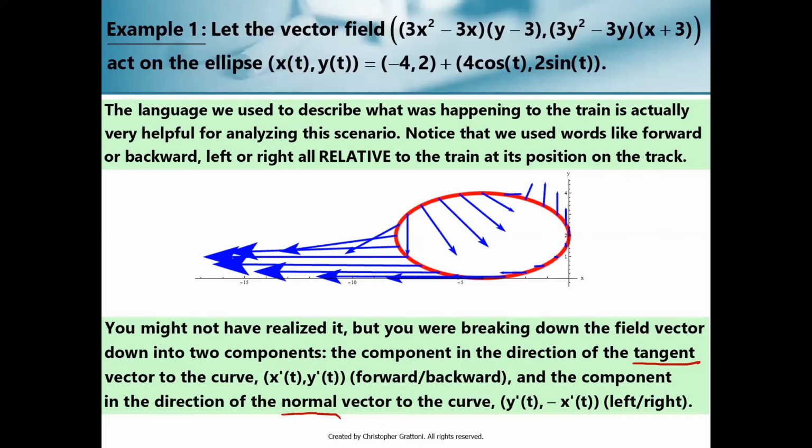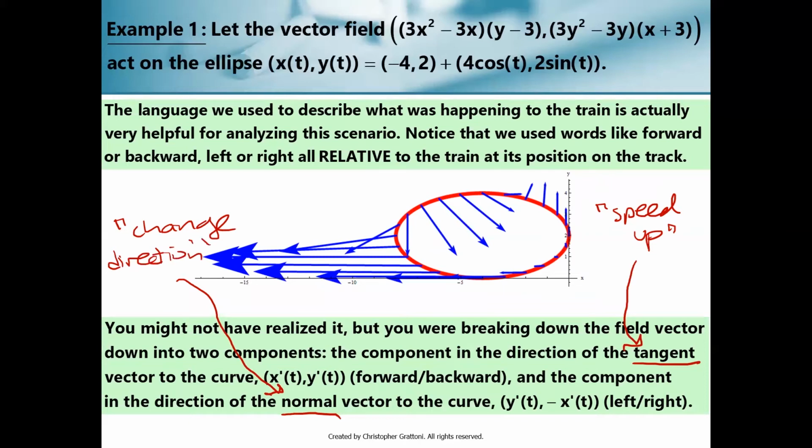A force with or against the direction of the tangent vector is going to be what we notice as speeding us up or slowing us down, right? So if the wind is at our back, we're thinking about that as speeding us up because the wind is with the tangent vector, or the water current is with the tangent vector. And then if we're talking about the normal vector, we're thinking about the force trying to change our direction.